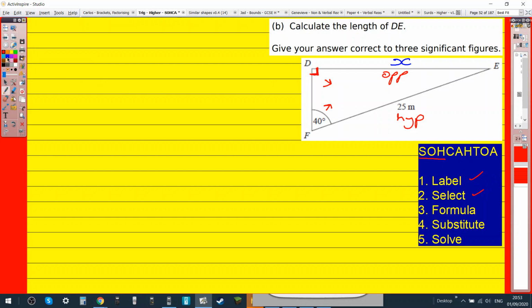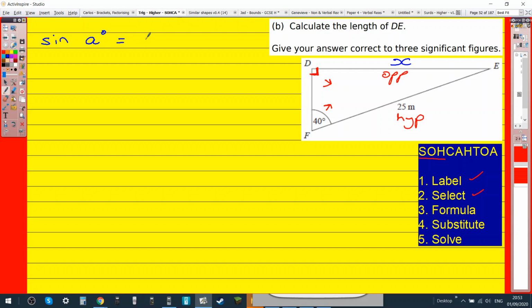Formula? So the formula. Wait, do we have to do it like we did before? Always. Always. Okay, so you do sine of the angle? Oh yeah.